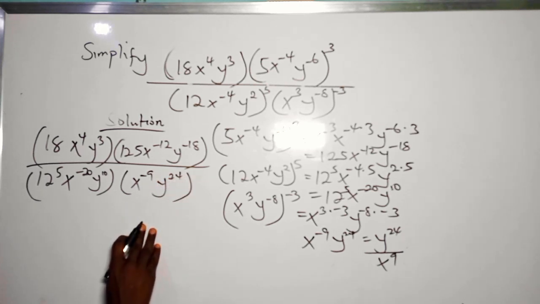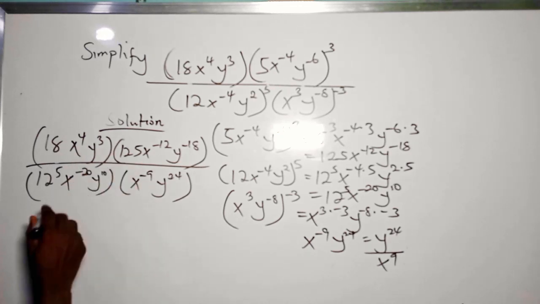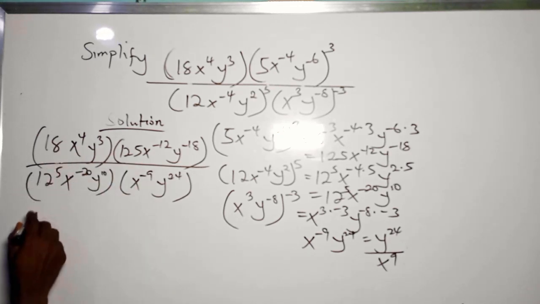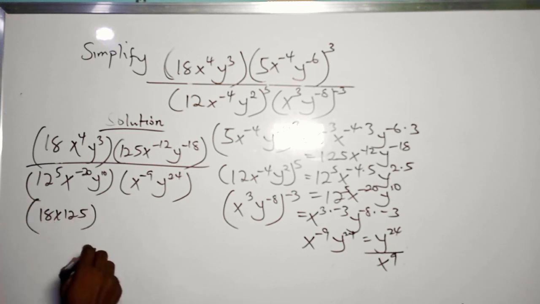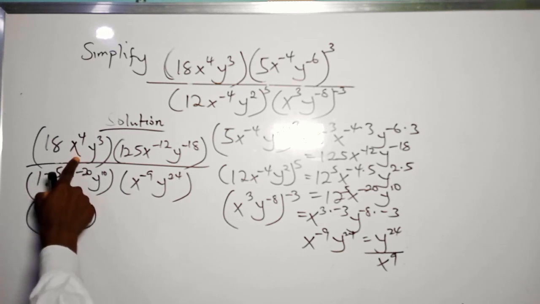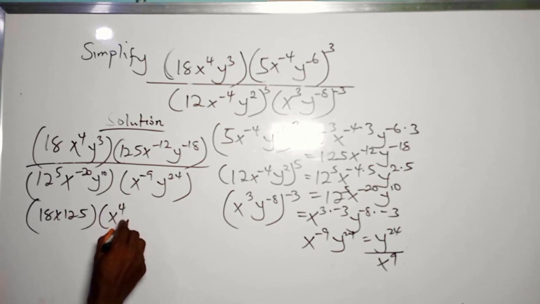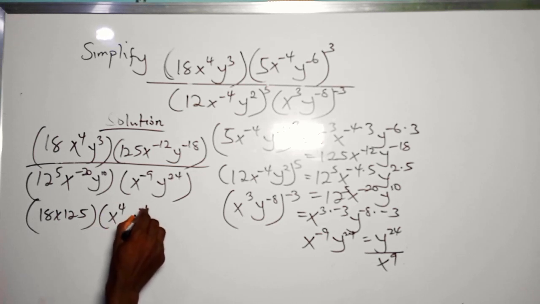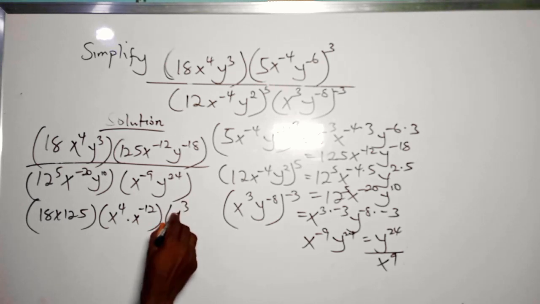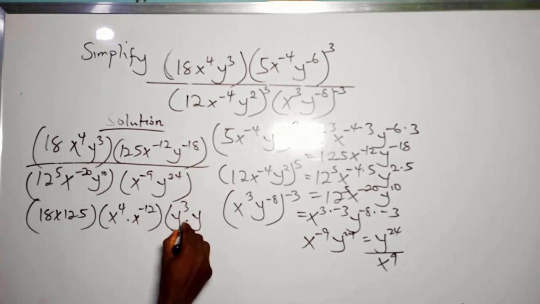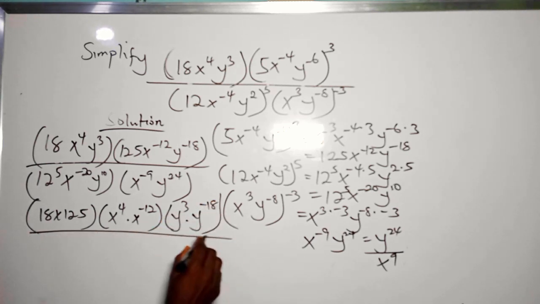So we can simplify further. Let's start with the numerator. So 18 times 125. Let's compare this with this. So we have x^4 times x^-12. For y, we have y^3 times y^-18, divided by.